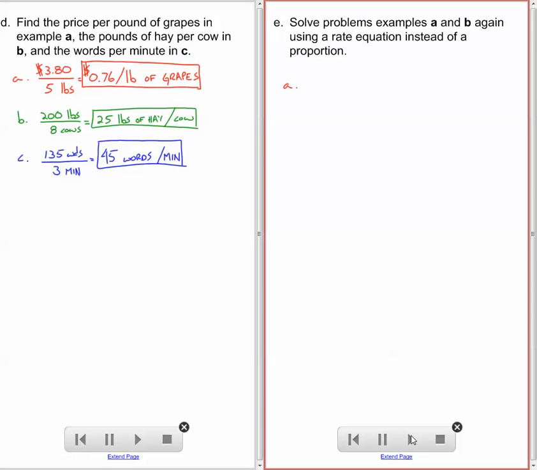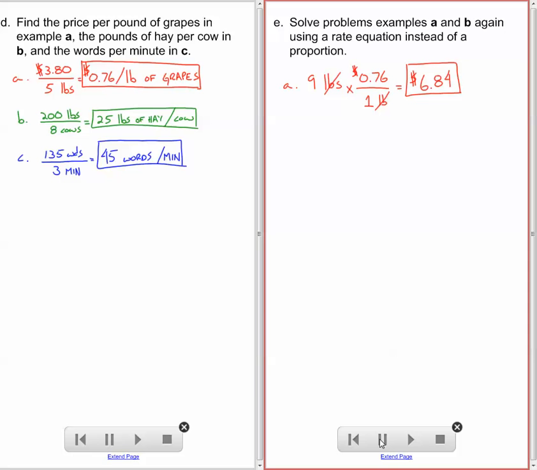So we're going to go 9 pounds of grapes times 0.76 of a dollar per pound. Notice how the pounds cancel out, and 9 times 0.76 is $6.84, which is the same answer that we got when we used proportions the first time in example A.